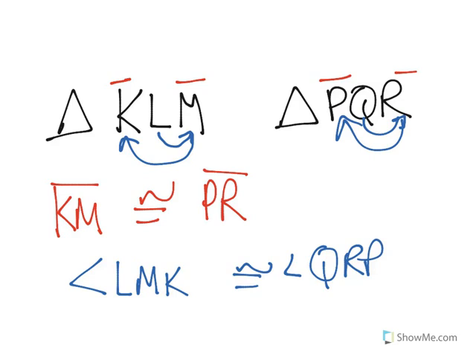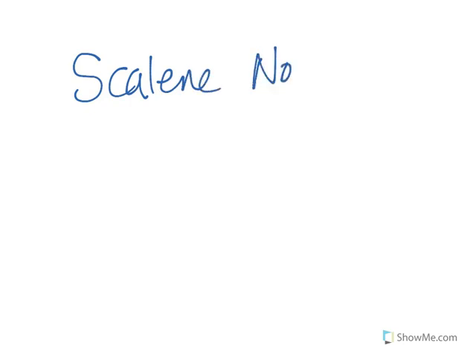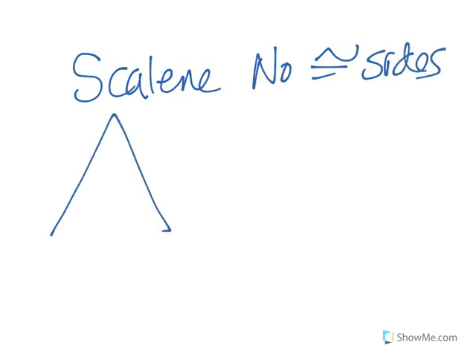And then, I guess finally, just a reminder that scalene triangles have no congruent sides. They're all different. Isosceles have two sides that are congruent, and their opposite angles are also congruent.